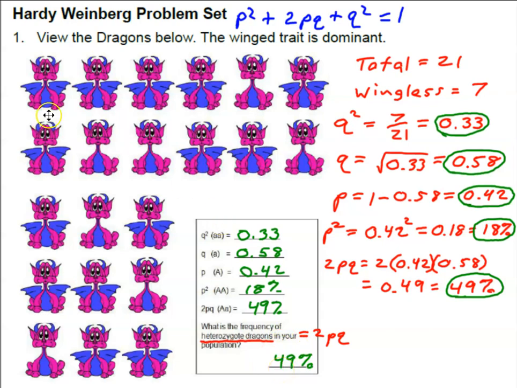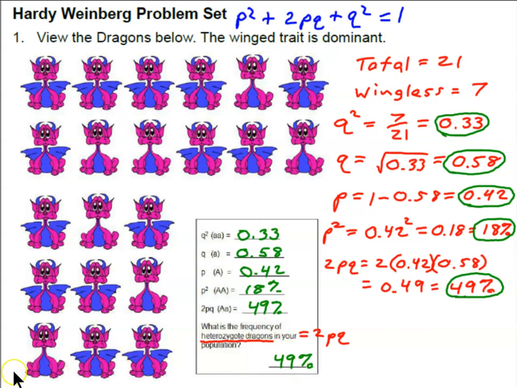In other words, how many of these dragons with wings are heterozygous? Because you can't see it, right? You can't see whether they're homozygous dominant or heterozygous. When you look at them, any dragon with wings can be either homozygous dominant or heterozygous. So if you want to find out how many of them are heterozygous versus homozygous dominant, then you can use the Hardy-Weinberg equation to find that out.